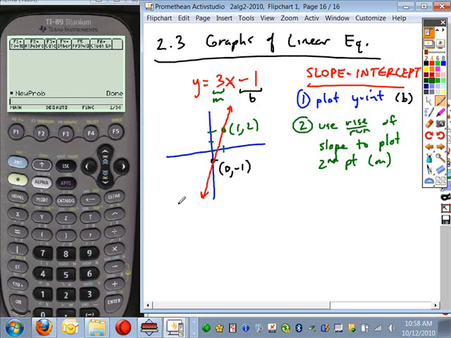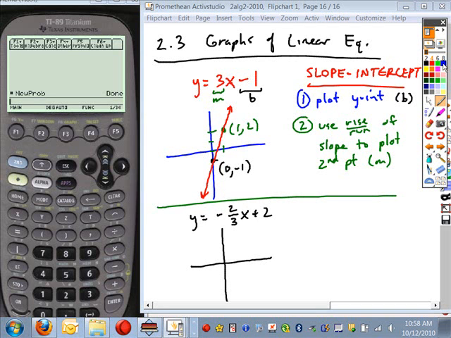Okay, I want you to try this one on your own really quickly, please. Okay, see if you can sketch this graph using the slope-intercept form. So what is our y-intercept going to be here? 2. So we label the point 0, 2.